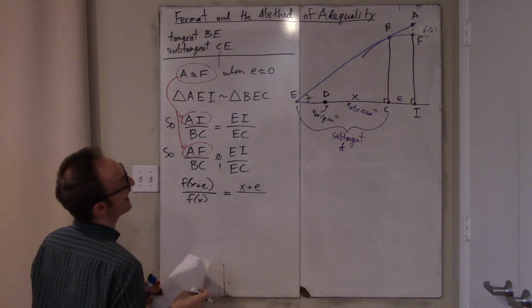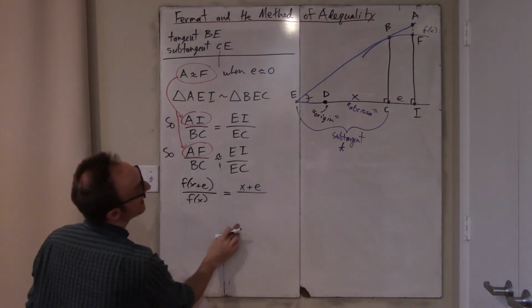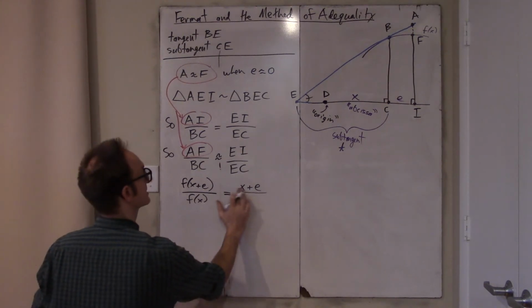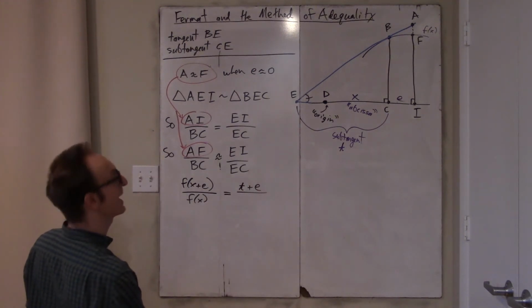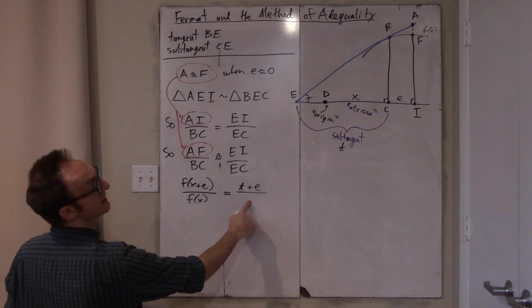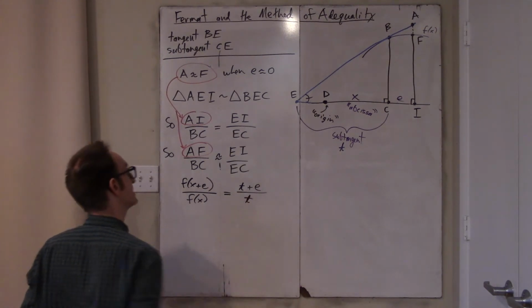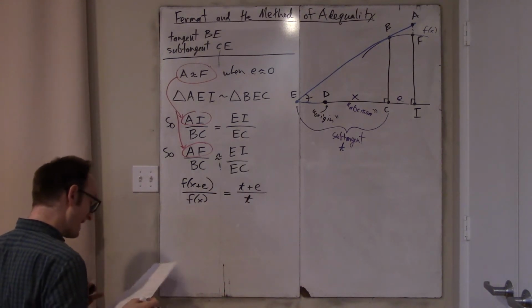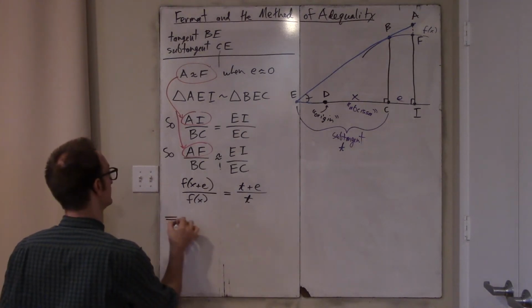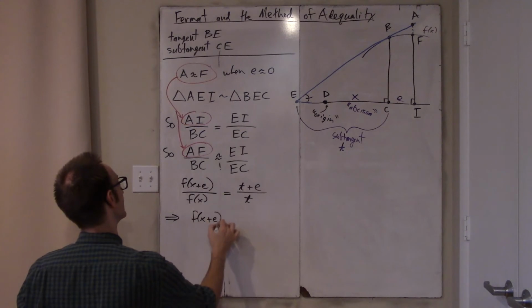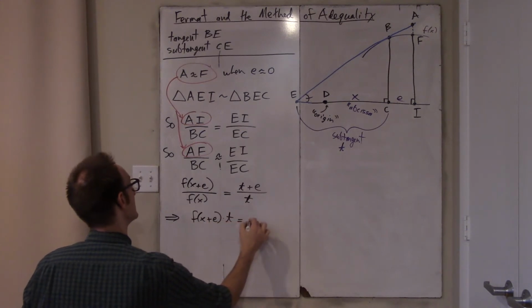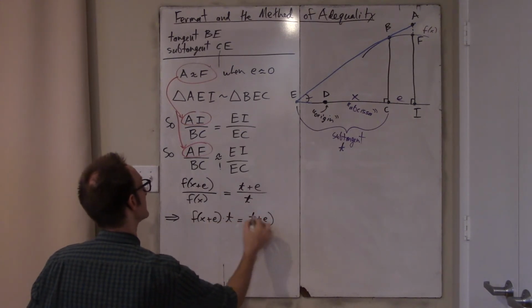Oh, no, I don't want to say x plus e. That's actually just wrong. EI is not x plus e. EI is t plus e. T plus e, yeah. And EC is t. Okay, so they did it all in terms of the subtangent. Okay, and so, conclusion, says Fermat, f of x plus e times t is t plus e times f of x.